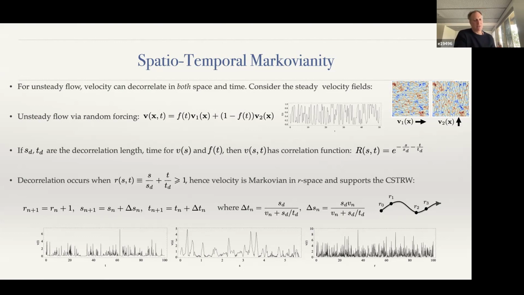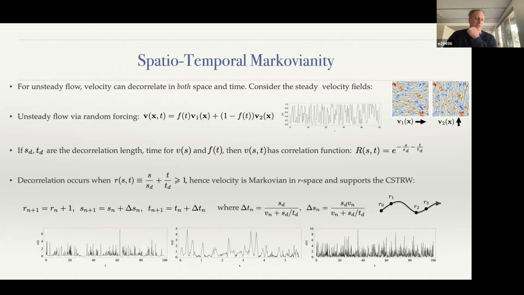So we've constructed this correlation variable r based on the decorrelation length and the decorrelation time under the assumption that these 2 processes are first order. When that decorrelation variable is 1 or larger, the system is decorrelated. And so the velocity along a path line in these flows is Markovian in R space. It's not Markovian with respect to S, it's not Markovian with respect to time, but it's Markovian with respect to R. And so now we can develop the CTRW for the evolution of velocity in R space.